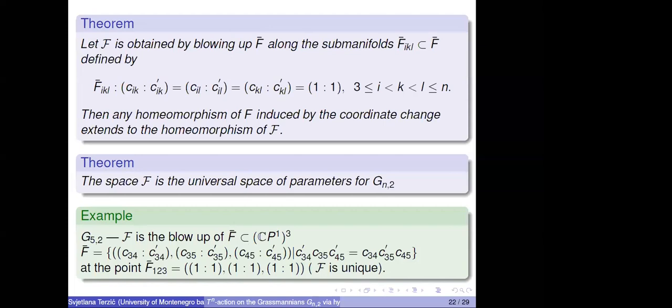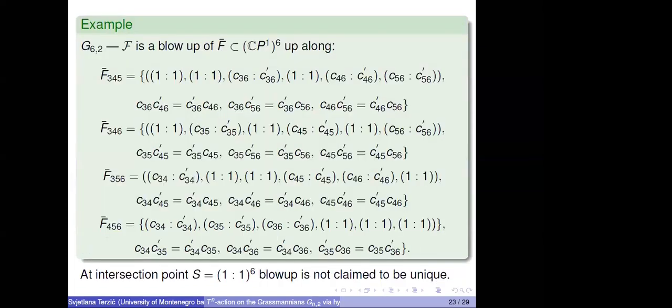Say when we consider G62, then according to this theorem, F is the blow up of this F bar along the following submanifolds. Now we have here 4 submanifolds, and the dimension of F bar is 3.